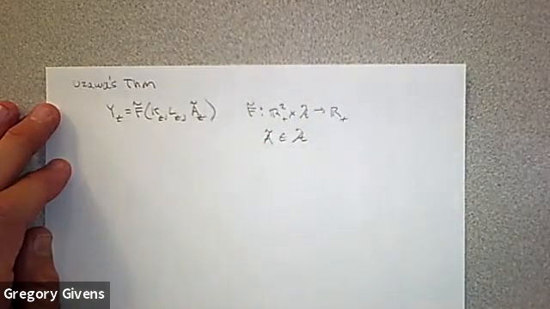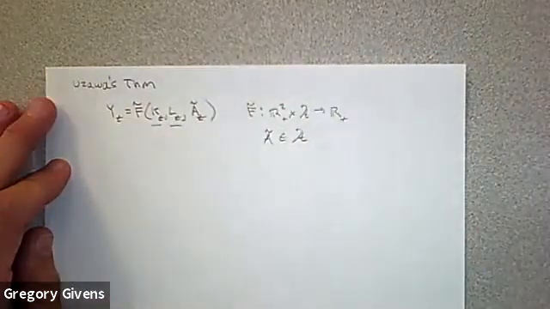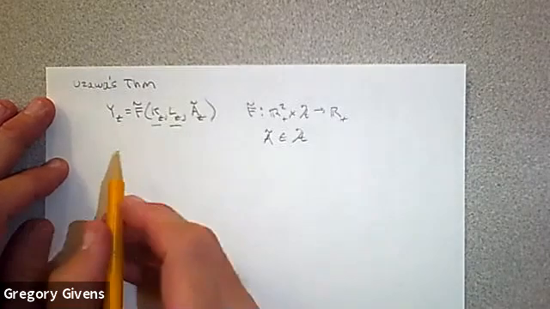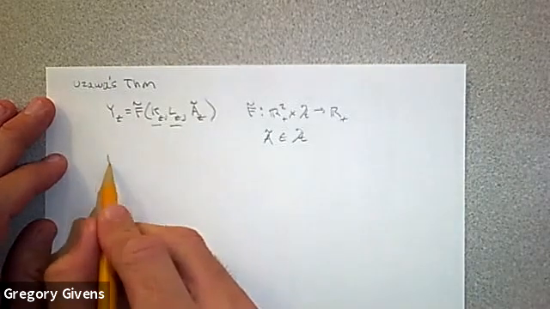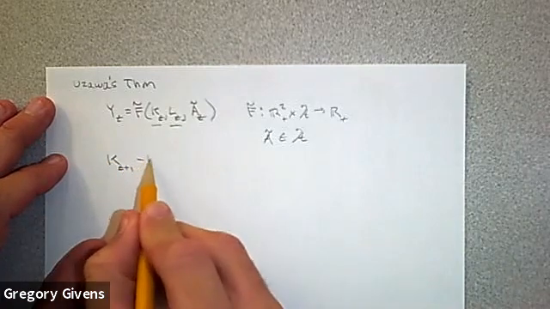F tilde is going to exhibit constant returns to scale in its first two arguments. So it's got to be linearly homogeneous with respect to K and L. That we've assumed from the get-go. Moreover, the growth model that we're dealing with exhibits an aggregate resource constraint of the following form.